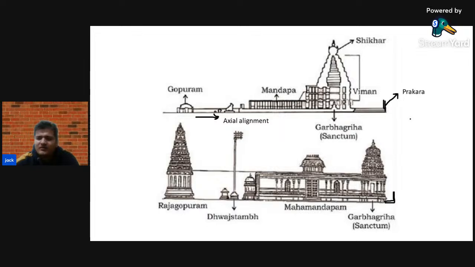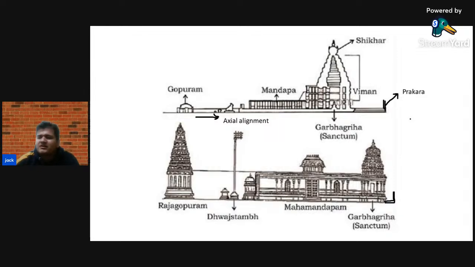And also, this is the flat roof mandap, as compared to the Nagar style architecture. This is somewhat different, and pillars are very important features of Dravidian architecture. So this is the main Garbhagriha, and above it, this area is known as the Vimana.